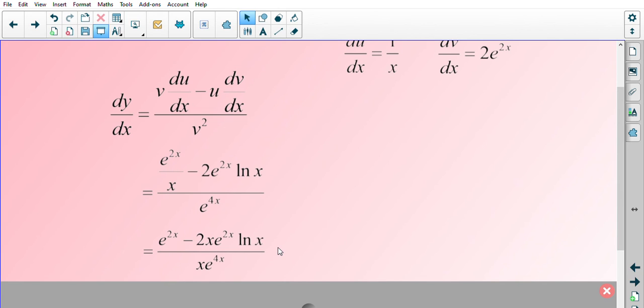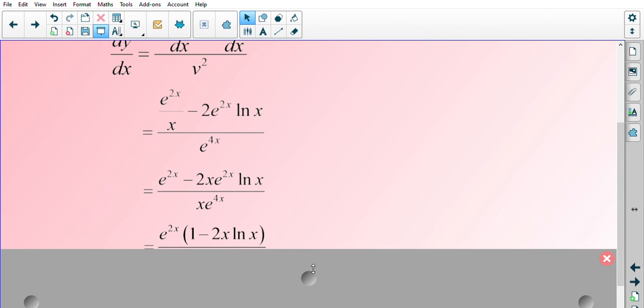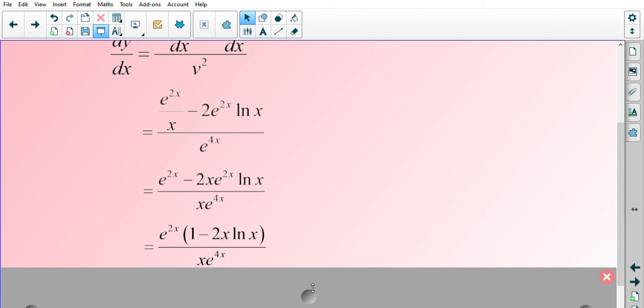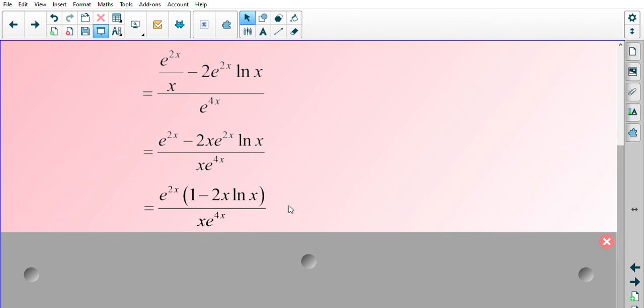I can now take a common factor of e to the 2x out of this top line, the numerator. So I've got e to the 2x outside a bracket of 1 minus 2x ln x. The last thing I can do is divide both top and bottom by e to the 2x.